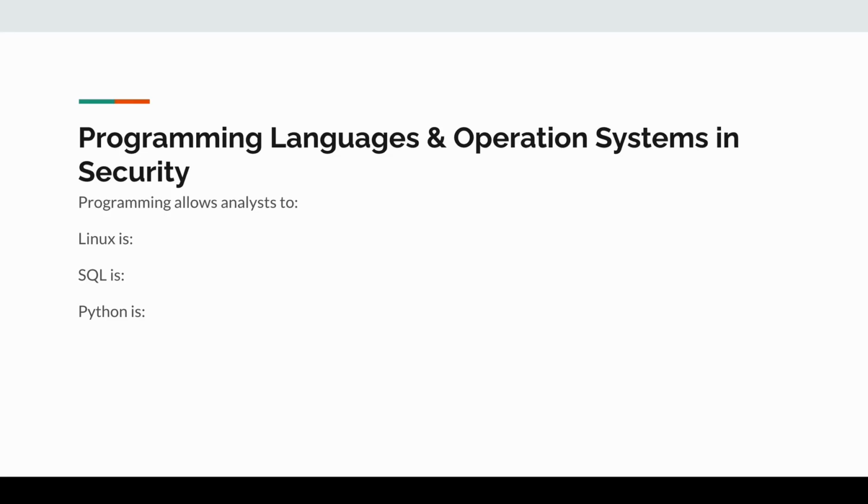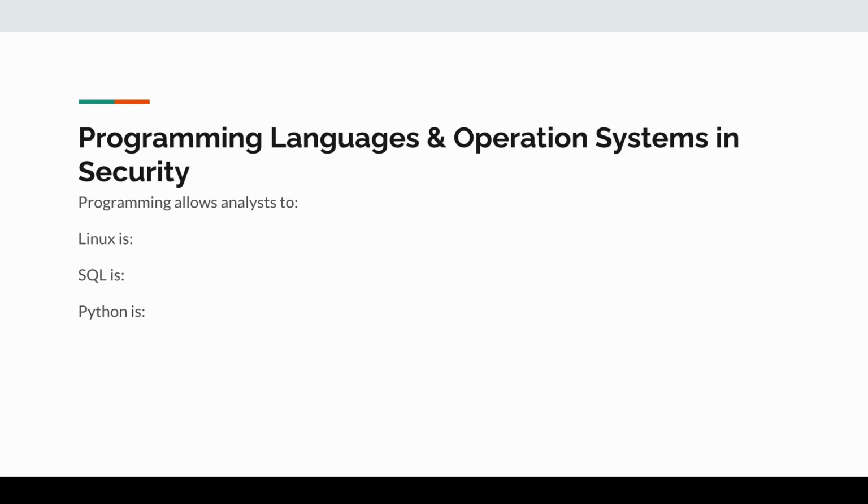Afterward, it moved on to programming languages and operating systems in security. So in the big picture, security analysts don't just rely on tools alone like SIEM. They also use programming languages and operating systems to automate repetitive tasks, reduce human error, and analyze large amounts of data efficiently.